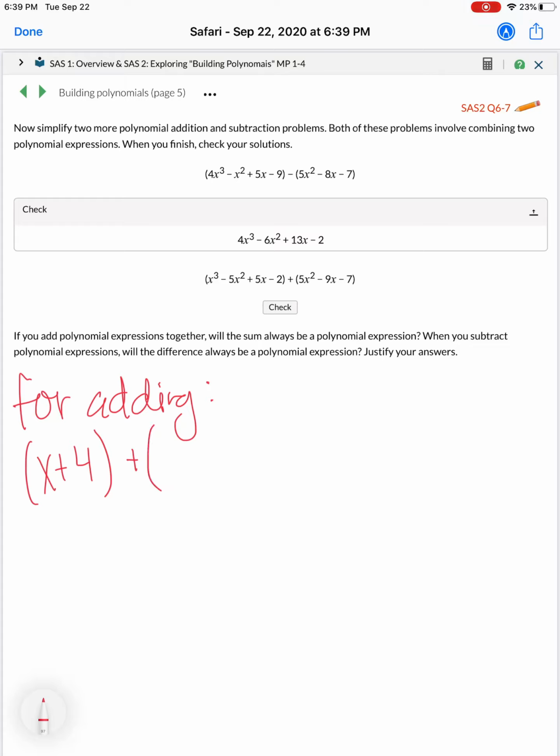If I have x plus 4 and I have x plus 5 and I add them together, okay? An x plus an x is a 2x. 4 plus 5 is 9. Is that still a polynomial? Yes, it has a degree.